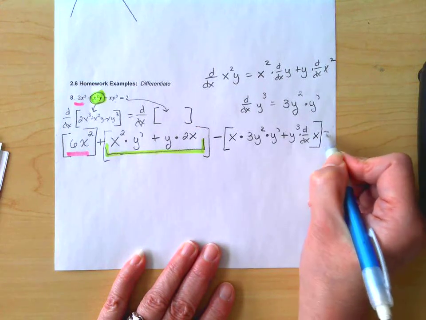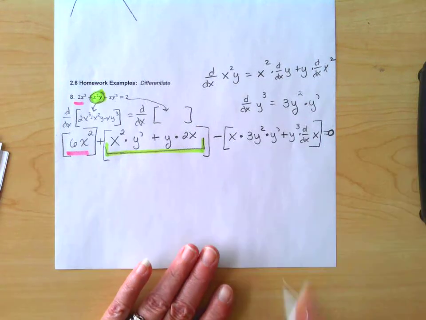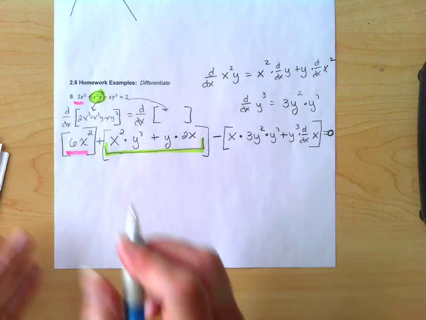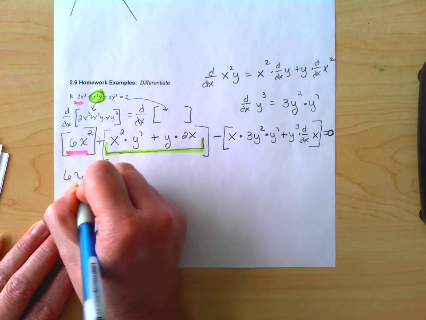And then I'll have this equal to the derivative of 2, which is 0. We'll have a lot of things to simplify here, so let's keep this nice and neat.